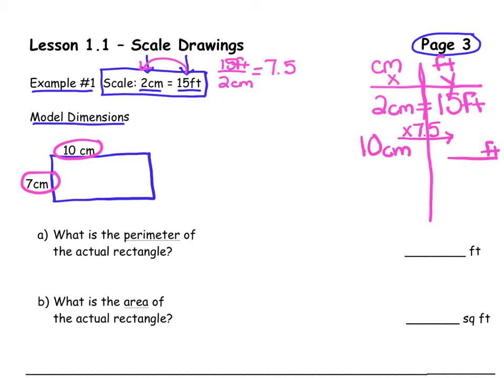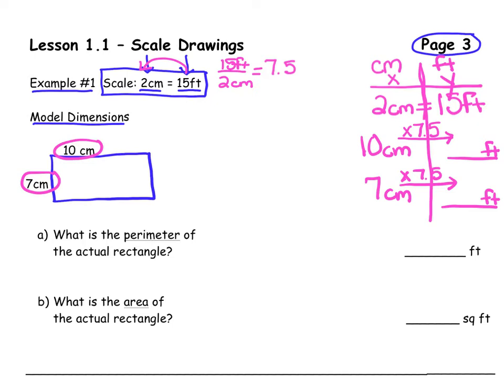And the same is true for 7 centimeters. We're going to take 7 times 7.5 and convert that paper dimension into an actual dimension in feet. Pause your video and multiply each of those by 7.5.